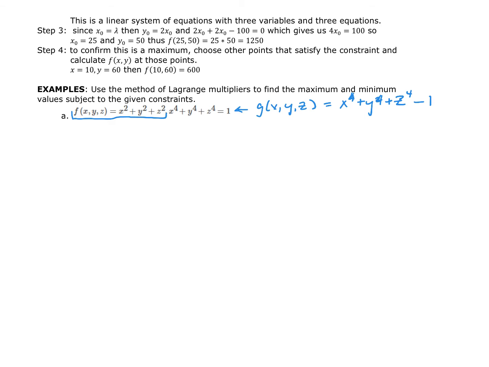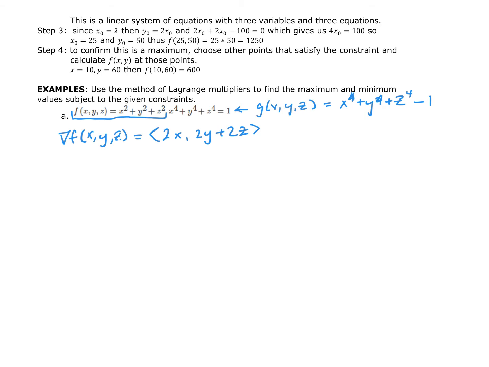Now we're going to go ahead and do our partial derivatives. So my gradient of f, and I probably should put x, y, and z, is going to be equal to the vector 2x, 2y, and 2z.